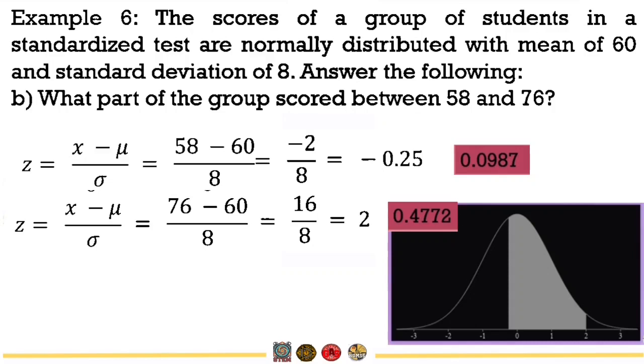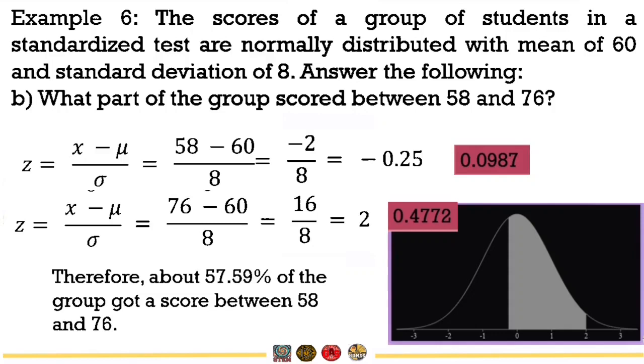So logically, we will add because it covered a wider area. So from the negative side of 0 to the positive side of 0, we will add, then get the percentage. So therefore, about 57.59% of the group got a score between 58 and 76. Okay, so that is our conclusion.